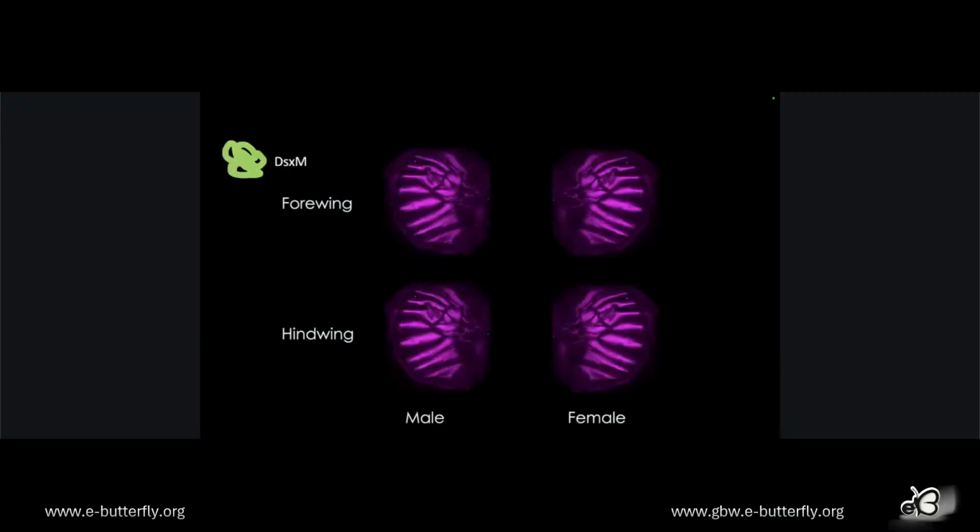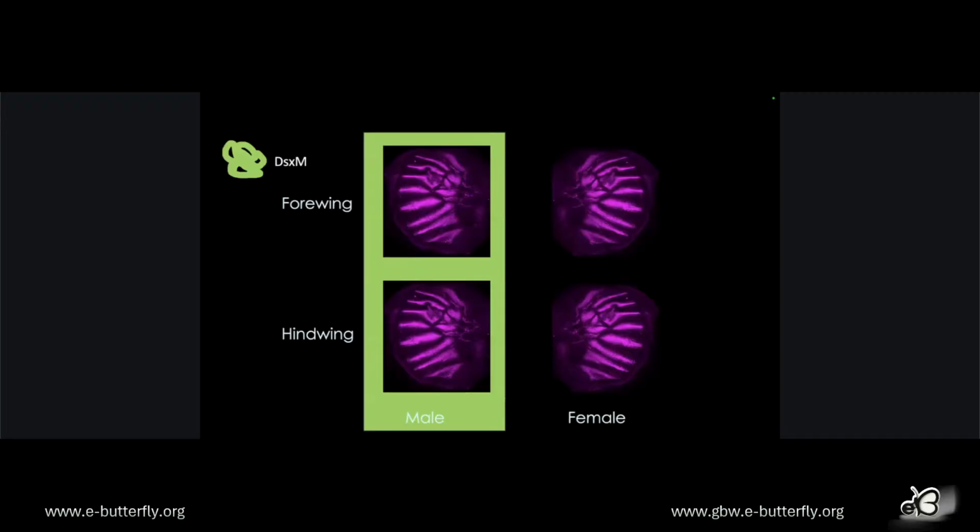Just to drive things home, we have initially a homogeneous program across all four surfaces and wings in a butterfly. And here, for instance, we have Doublesex male protein repressing, let's say, this purple gene, and repressing it in just the males on the left. In the females, the Doublesex male protein does not bind, and there is no Doublesex male version of the protein, first of all.